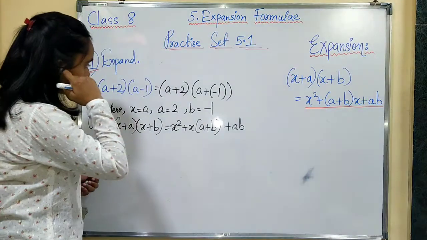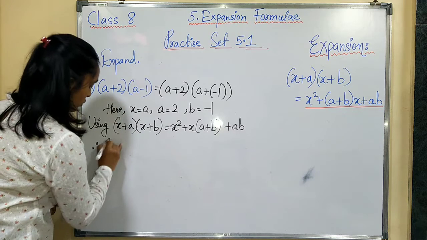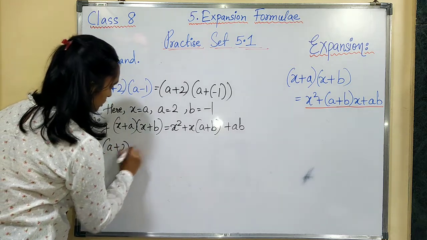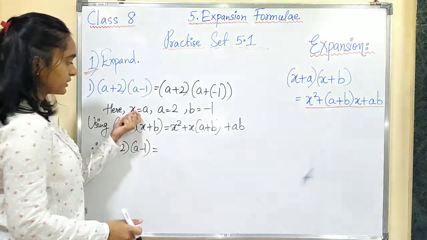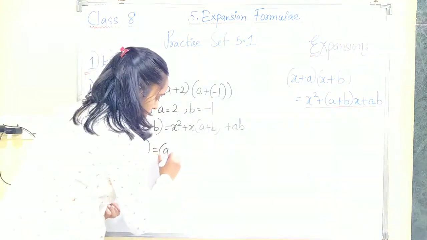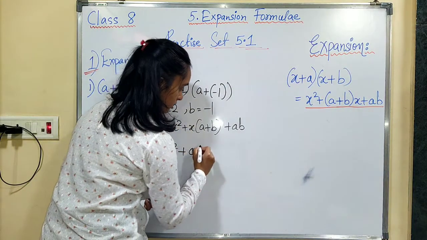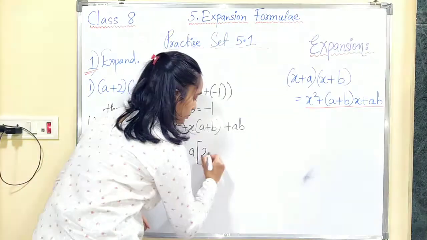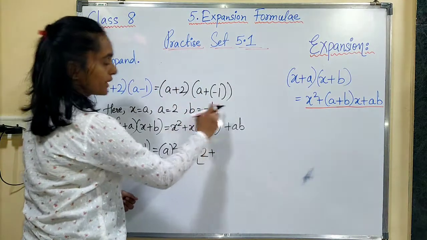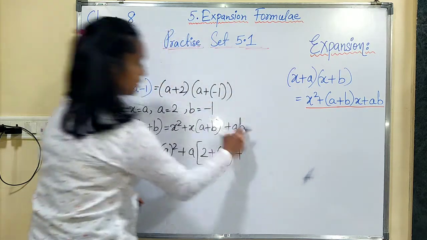So here you will get according to this, therefore your a plus 2, a minus 1 becomes x square. So x is your a, so a square plus x is again a. Inside the brackets a is your 2 plus b is your minus 1, so minus 1, plus a multiplied by b, so 2 multiplied by minus 1.